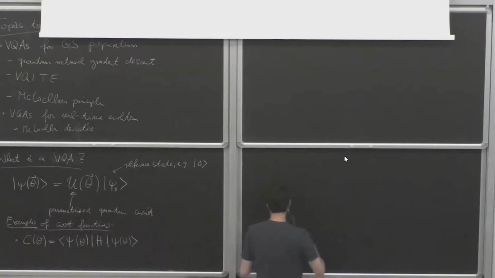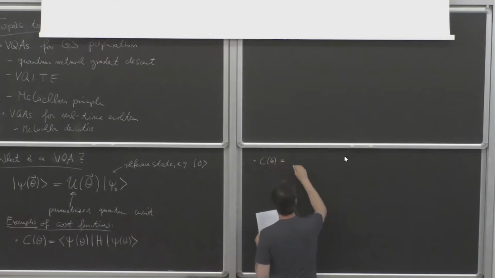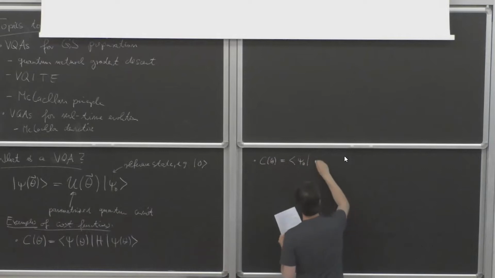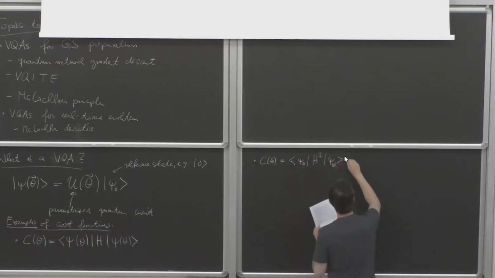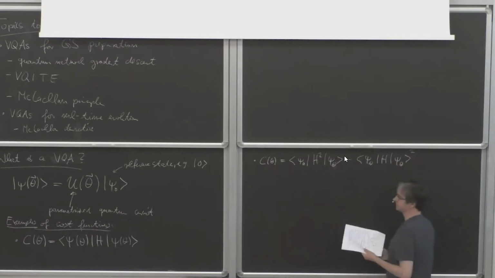All right, so this is one example. Another example is that I can also take as a cost function the energy variance. This is the variance of the energy.